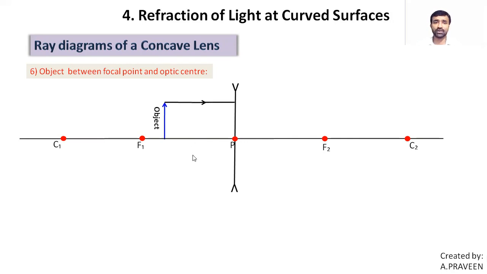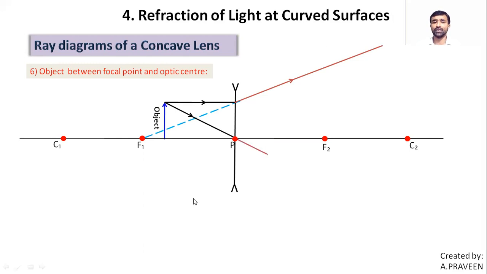When the ray is incident on a concave lens parallel to the principal axis, after refraction it appears to diverge. So how to trace that path? Just connect the point of incidence and the focus, then extend that light ray after refraction. The second ray passes through the optic center. We know the behavior of that light ray: it remains undeviated after refraction. Right? So this is clear, everyone, up to this point.